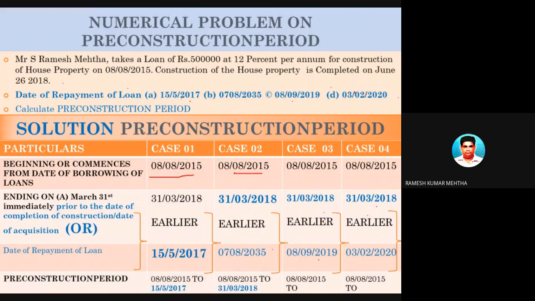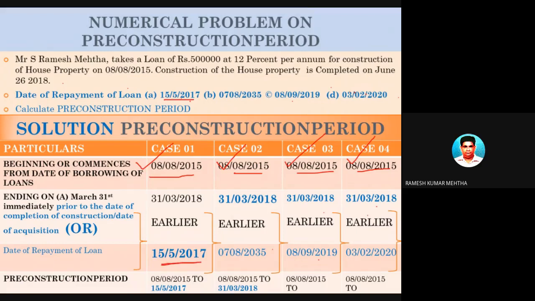In case number one, two and three, the pre-construction period starts from 8th August 2015. So that is the starting point, and our first point is over. The second point is the date of repayment of loan taken.